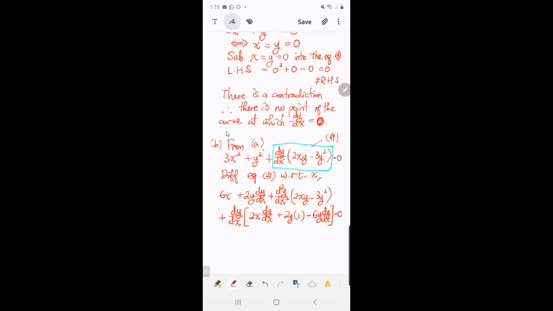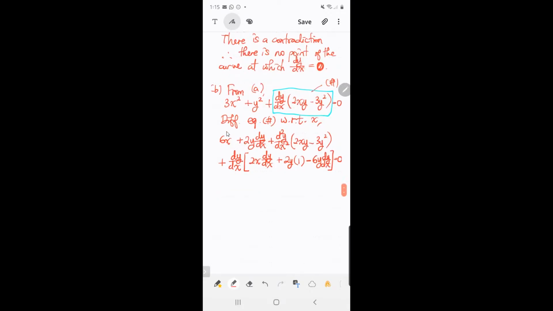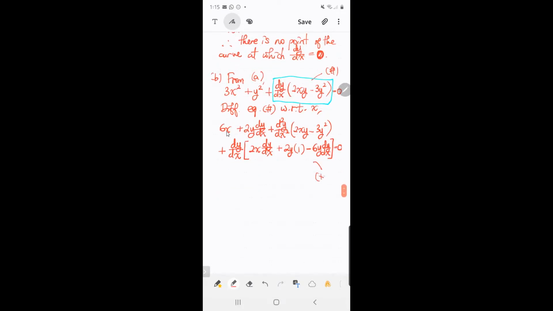Now, you don't have to simplify because they say find the values of dy dx and d2y dx2. Let's say now you call this equation star. You must first determine the value of dy dx at the point (1, -1).